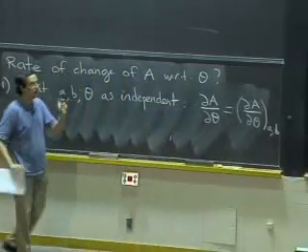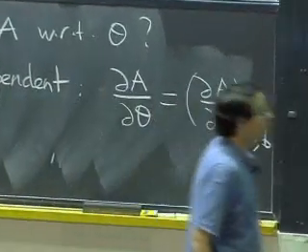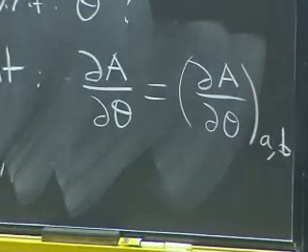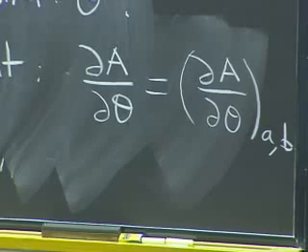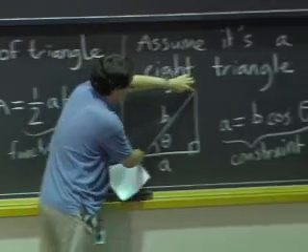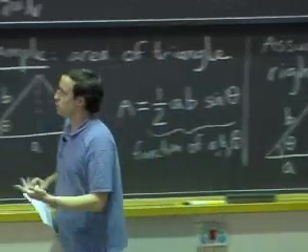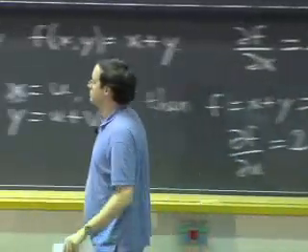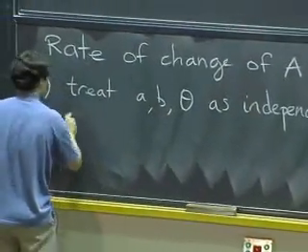Of course, if we are keeping A and B fixed and we are changing theta, it means we completely ignore this property of being a right triangle. So in fact, it corresponds to changing the area by changing the angle, keeping this length fixed. And of course, we lose the right angle. When we rotate this side here, the angle doesn't stay a right angle. That we know how to compute, because it's the one we've been computing all along.